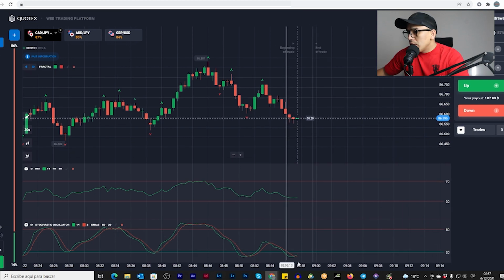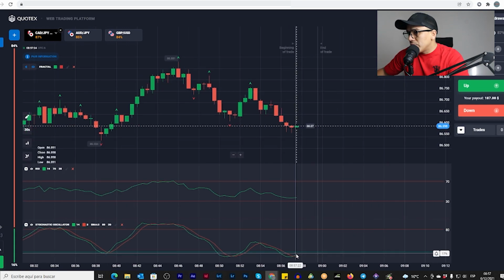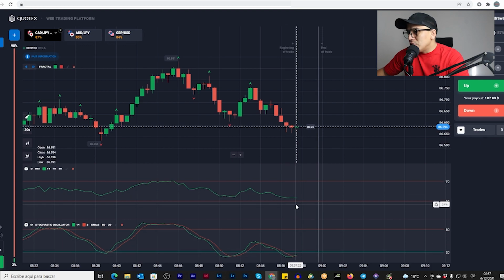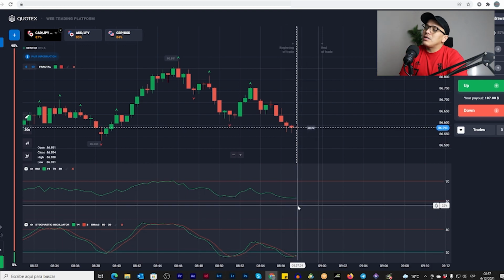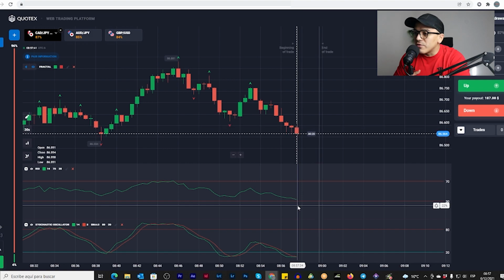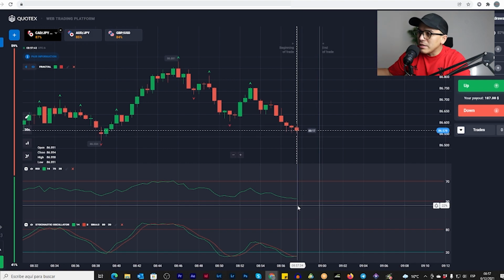Here, it starts going up. Start with this one. Don't trade this one. So it can be risky to trade for a call in this candle.